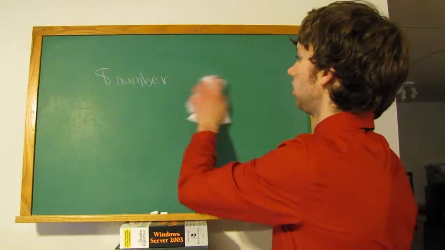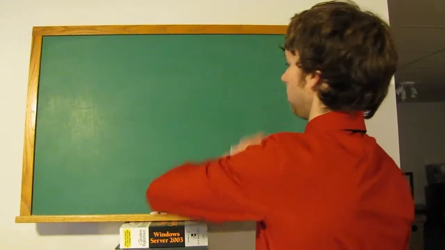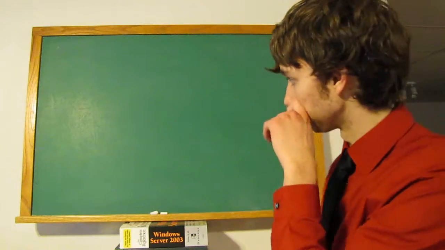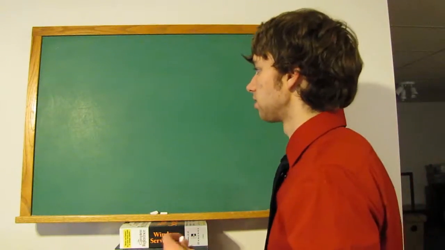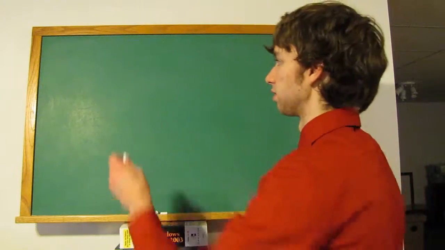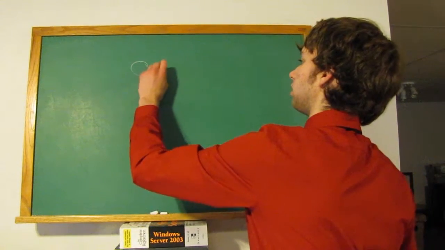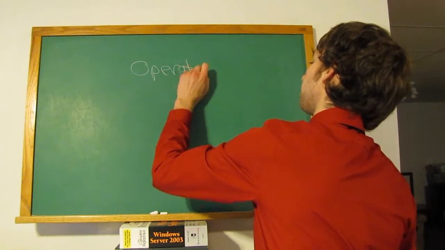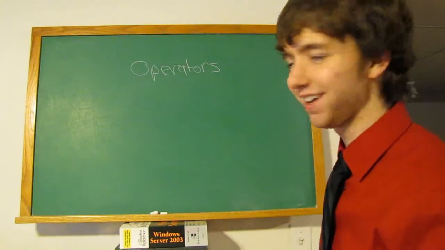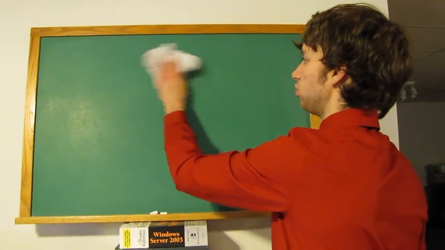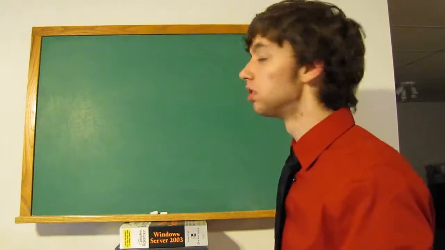So, you will also do a lot of arithmetic, or basic adding, subtracting, multiplication, stuff like that. So you will need to know what are known as arithmetic operators. Operators. So that's basically something that is going to do something with your value.